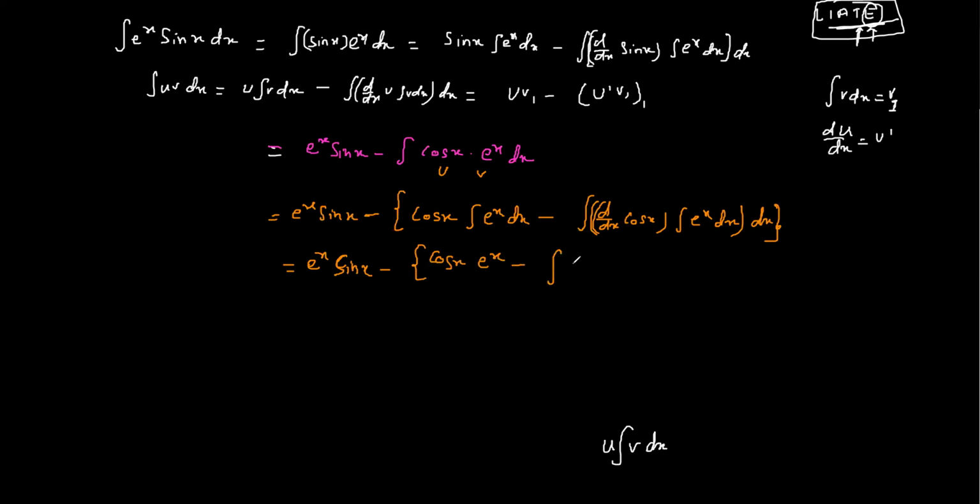The derivative of cos is what? Minus sin x. And integration of e^x is e^x. When you open the bracket, you can write it in this way: e^x cos x minus minus plus.